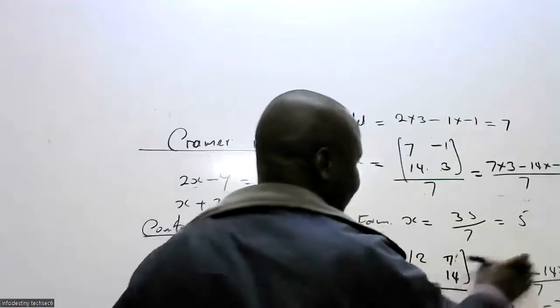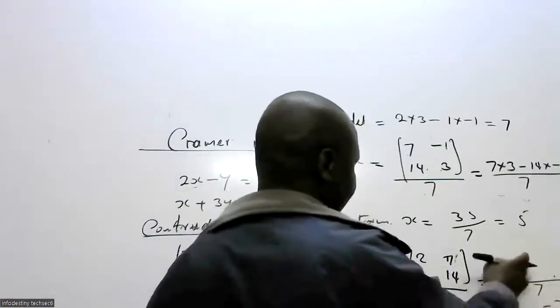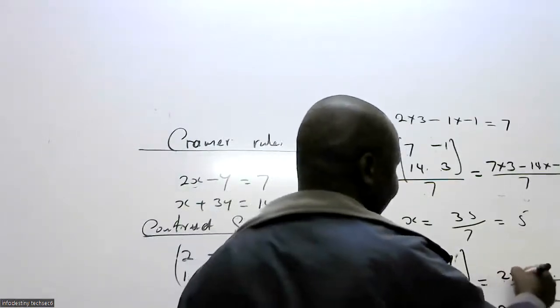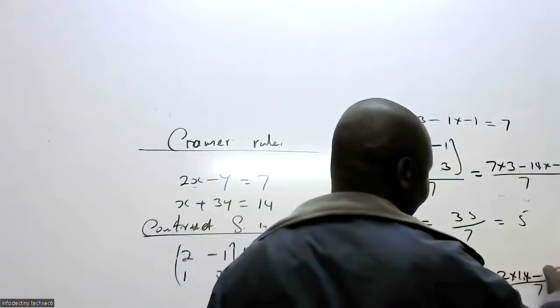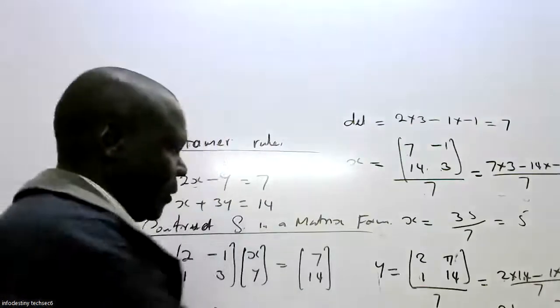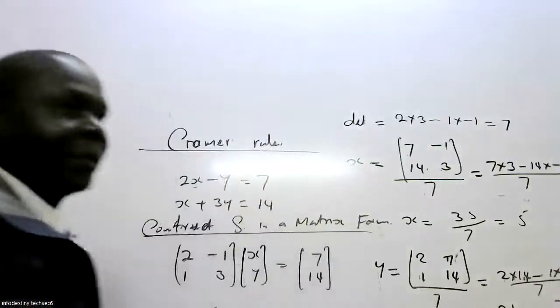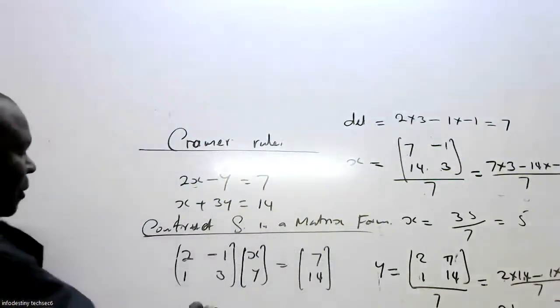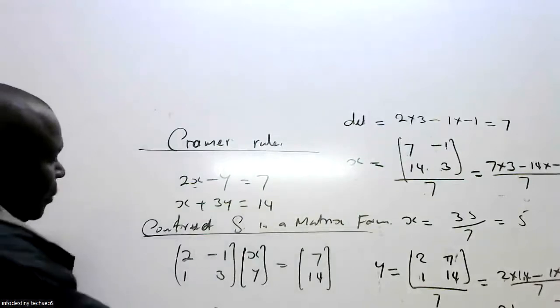Sorry. So that's going to be 2 times 14 minus 1 times 7. So it's going to be positive. Yeah. So this is going to be minus 3 to give us 7.